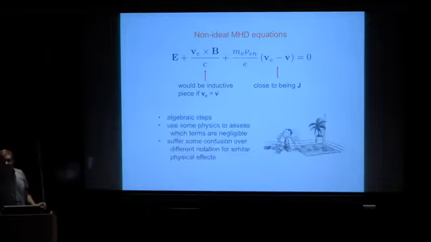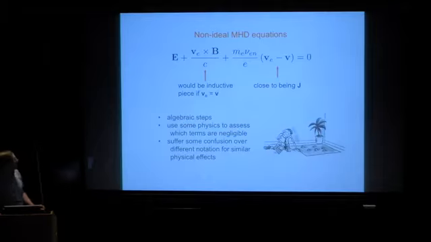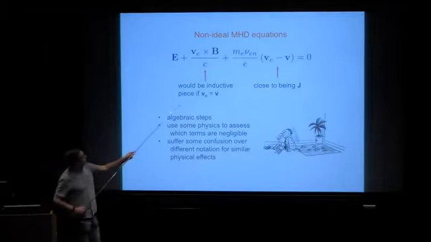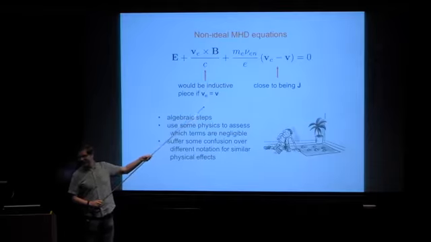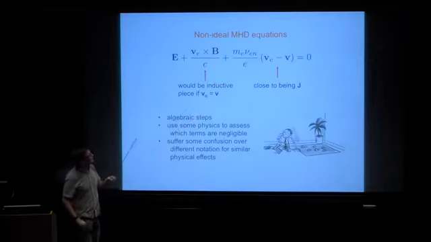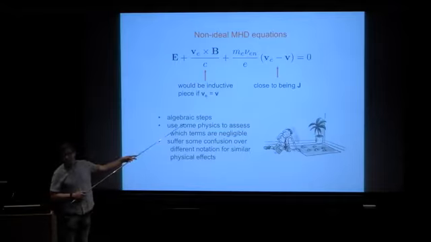Okay, so this is the point where we pause and sweep everything under the carpet and say, read Steve Balbus's article or trust me. This is not yet what we need to produce the non-ideal induction equation. There are various things we have to do at this point which I'm not going to go through. There are some algebraic steps.